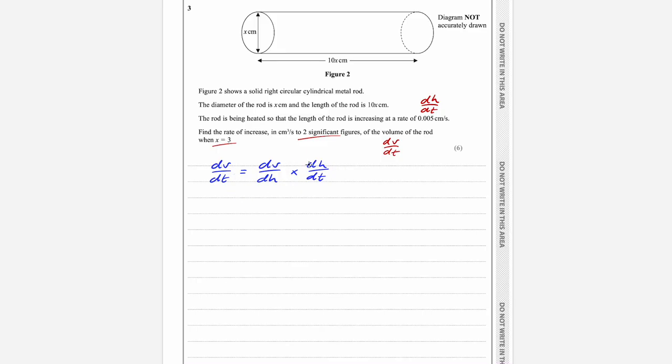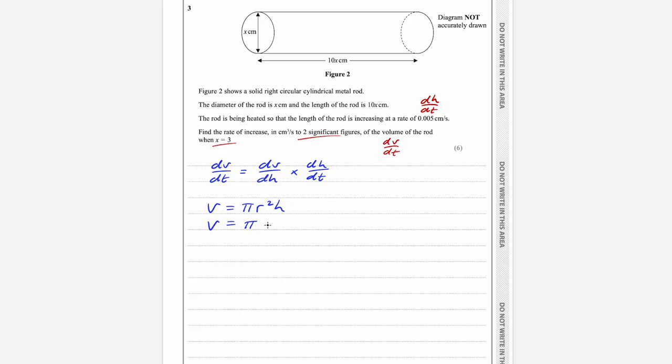So that's the kind of setup. I have dh/dt, I just need to get dV/dh. And to get dV/dh, obviously first I need the volume. It's a cylinder, so it's pi r squared h. Now, I don't want the radius involved here. There's an x there, but I'll deal with that after. Let's first just get dV/dh.